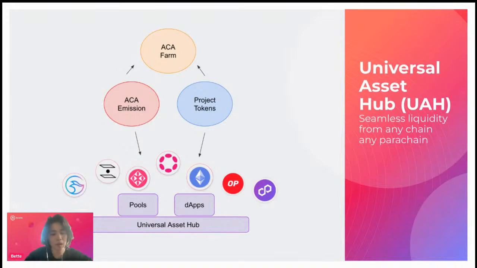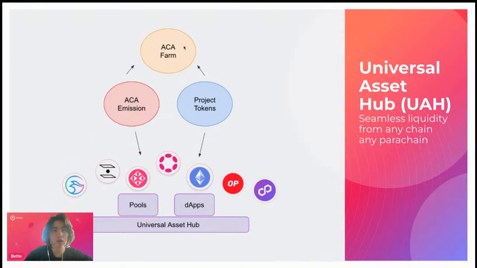And then alongside, all of these assets can come over easily across parachain as well as L1 and L2 ecosystems because of the asset router infrastructure that we've built, and also the Acala EVM Plus that we've built. Hopefully that creates an ecosystem of applications that can leverage all the liquidity that's been built up on top of it, right?